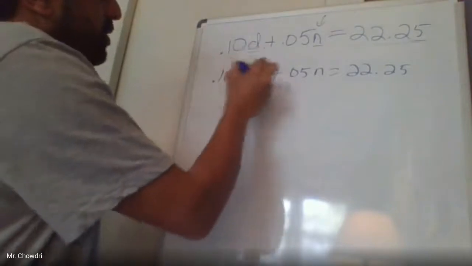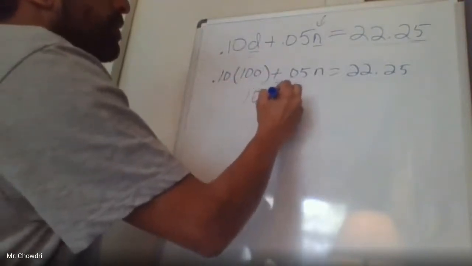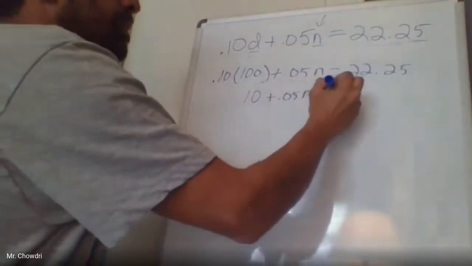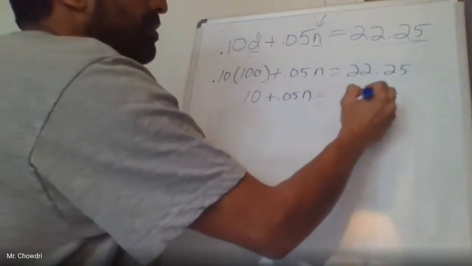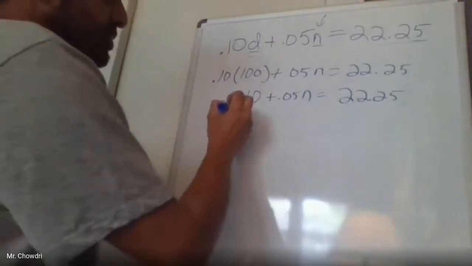So that means with 100 dimes, I've got $10 plus 0.05 times N. I don't know how many nickels I have still, but I know my total is 22.25.